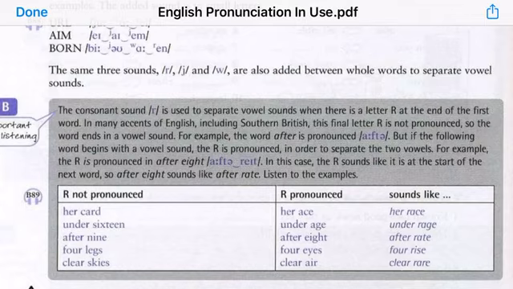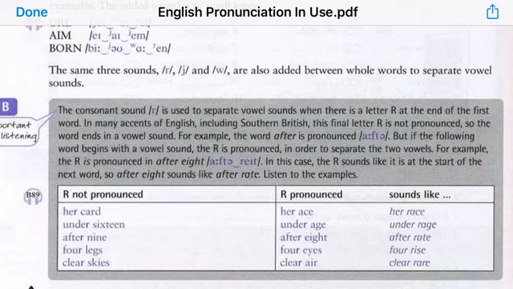For example, the word after is pronounced "after" with a schwa, but if the following word begins with a vowel sound, the R is pronounced in order to separate the two words. For example, the R is pronounced in "after eight".